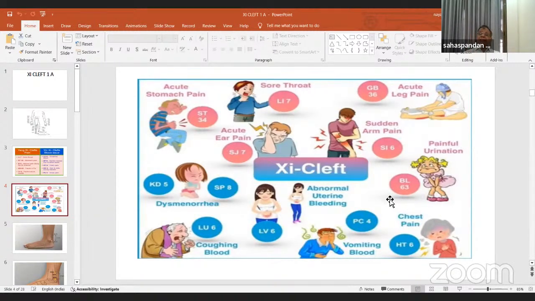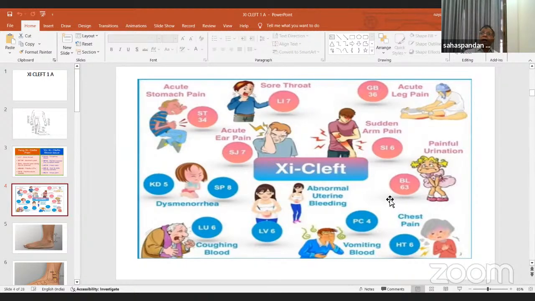Spleen 8 is for acute painful period, excessive menstrual bleeding. If someone is suffering with excessive menstrual bleeding, spleen 8 can be used.